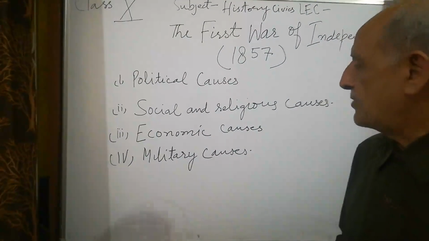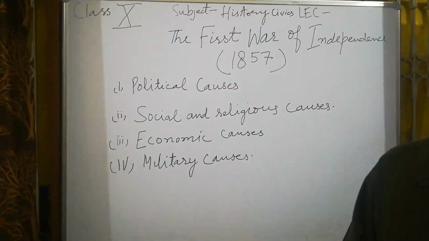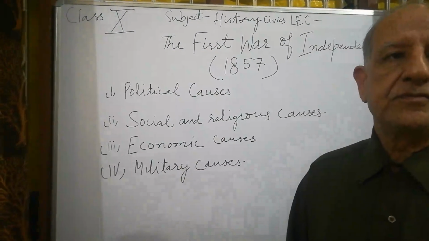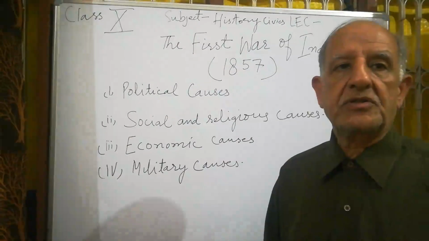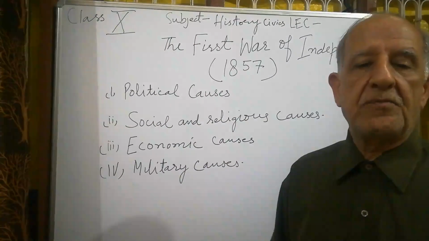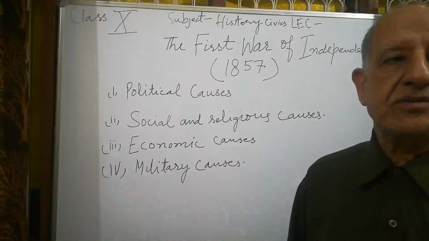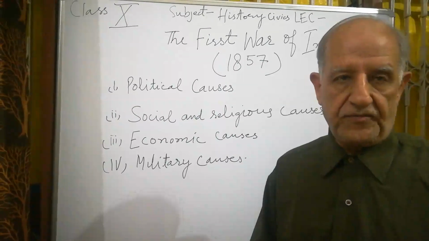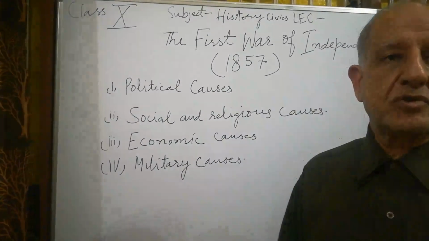And then we come to the economic causes. The British introduced new laws in India. For example, they began to impose taxes and tariffs on the goods of India, so that these goods could become costly.